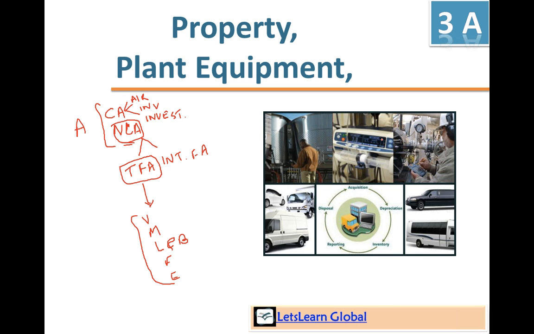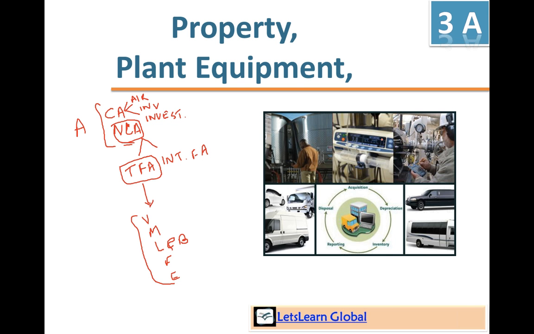Depreciation is to be accumulated from time to time. Why? Because the fixed assets are to be shown at their acquisition value on your balance sheet. Therefore, say for example 100,000 is the amount of the asset, and the life of the asset is 5 years.